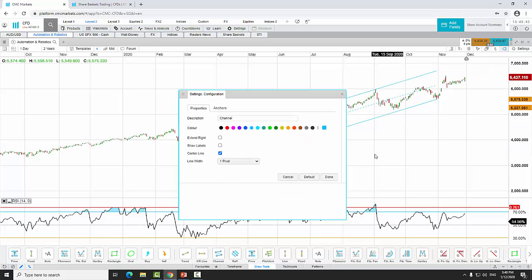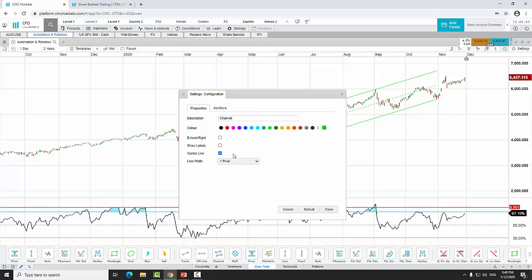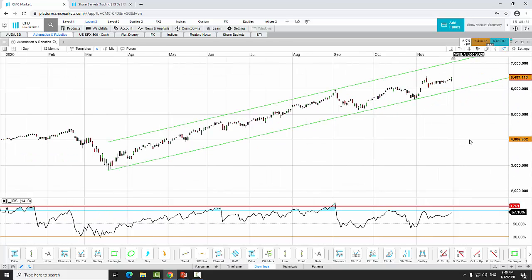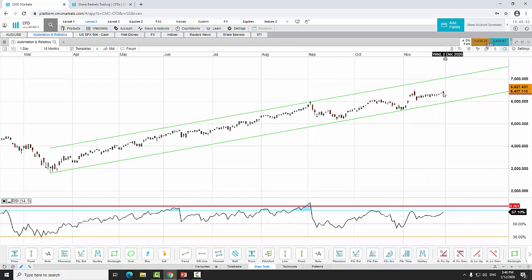Okay, right click. Let me put it in green. I remove the center line and extend to the right. All right, so what we could see over here is that the resistance of this ascending channel points us to close to the psychological level at 7,000.